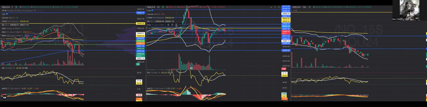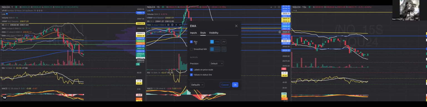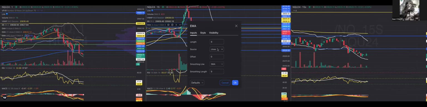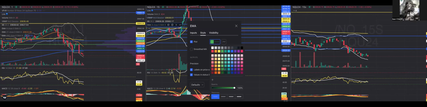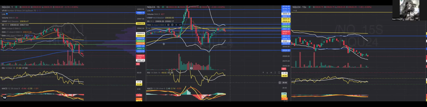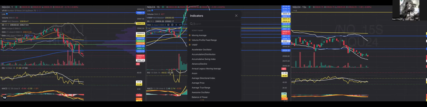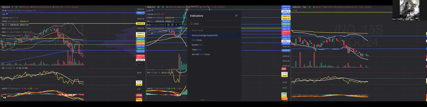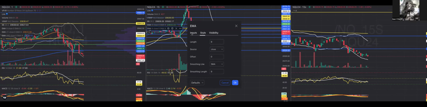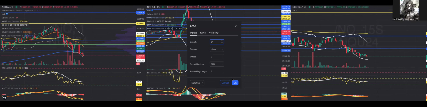So that's on. So the 9, I always have it green usually. That's 1. Then I got the 21, which is orange.